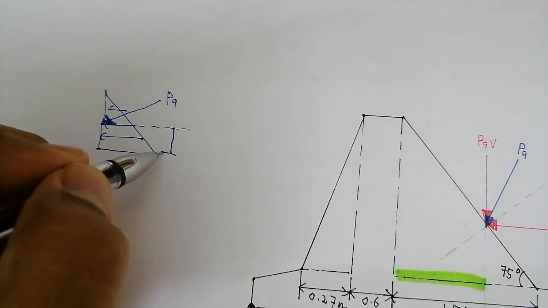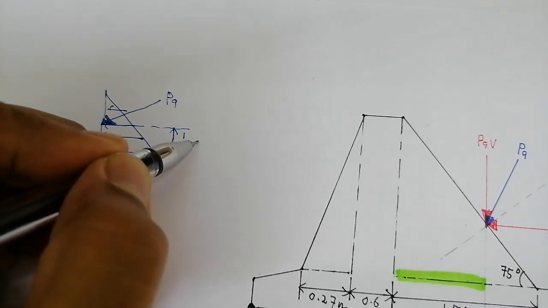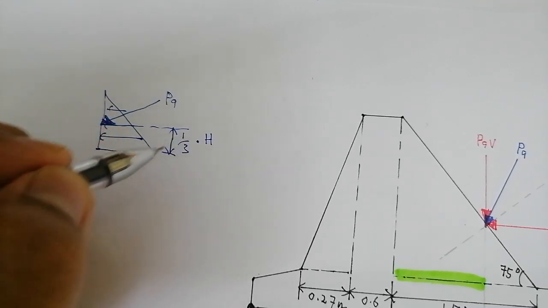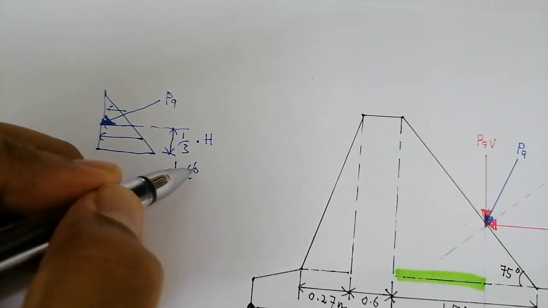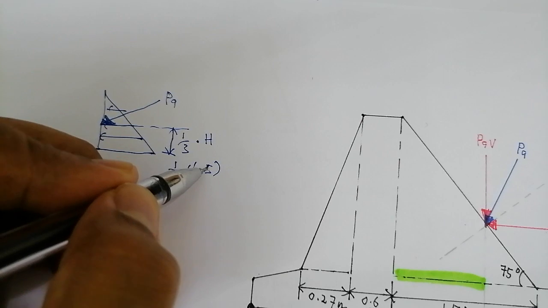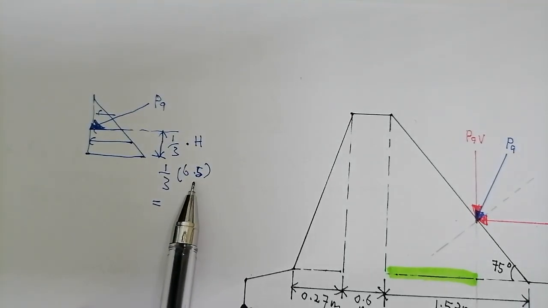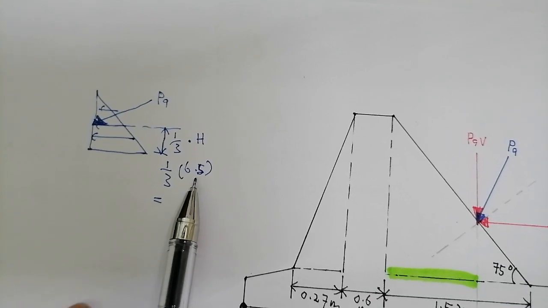It is acting at a distance of 1/3 from the total height. So 1/3 from 6.5. I'm not going to show you how we got 6.5 because I showed it to you guys already.